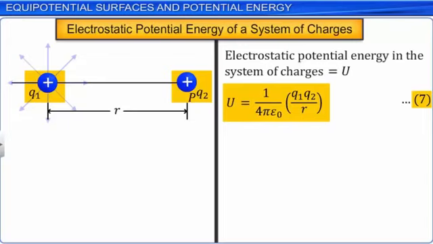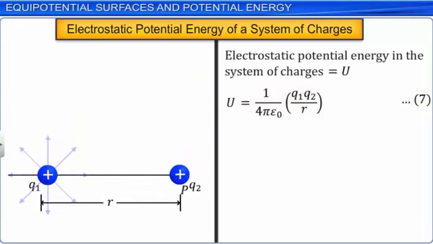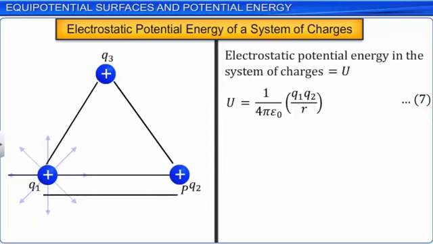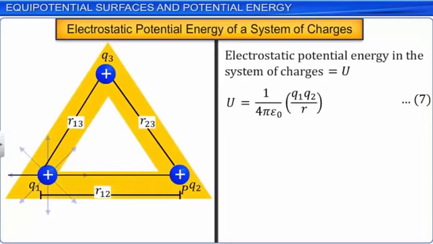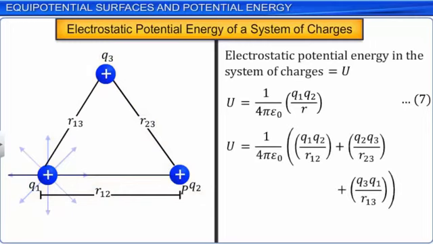Proceeding similar to the above procedure, for a system of 3 charges Q1, Q2 and Q3, there would be 3 pairs in the expression for the electrostatic potential energy U, given as U is equal to 1 by 4 pi epsilon naught into Q1 Q2 by R12 plus Q2 Q3 by R23 plus Q3 Q1 by R13, where R12 is the separation between Q1 and Q2.